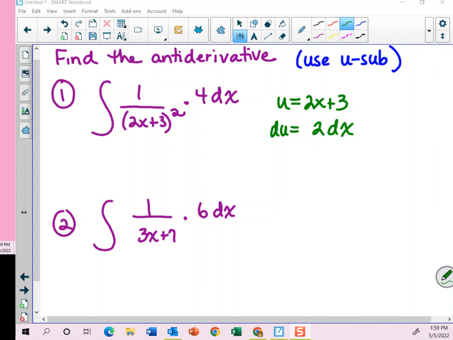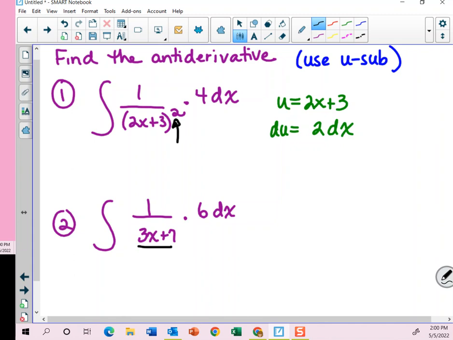Okay, so if we're just looking at these two problems, usually what's going to scream at you in terms of, hey, I'm a natural log problem versus a regular backward power rule is how the denominator looks. The difference between having a denominator raised to a more explicit power like that, with 2x plus 3 all raised to the second power, versus just an expression as the denominator.